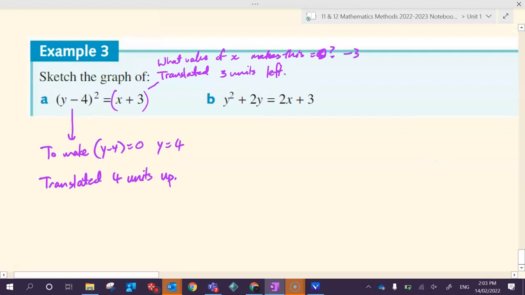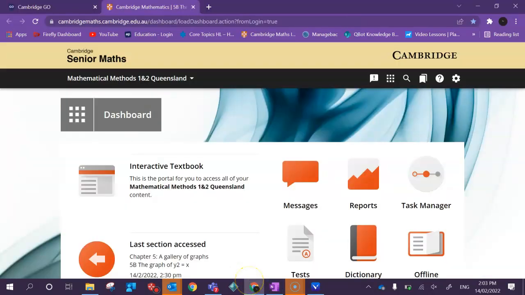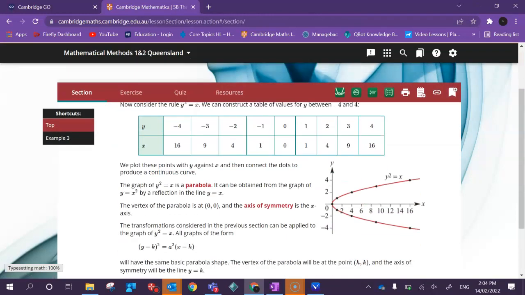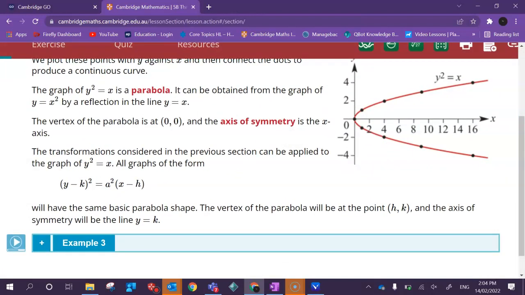The general case that you'll see written in your textbook, and I think I've got it there for you. Let's make sure I get the letters the same as the ones you use. They use h and k, don't they? Yeah. y minus k squared equals a squared x minus h.